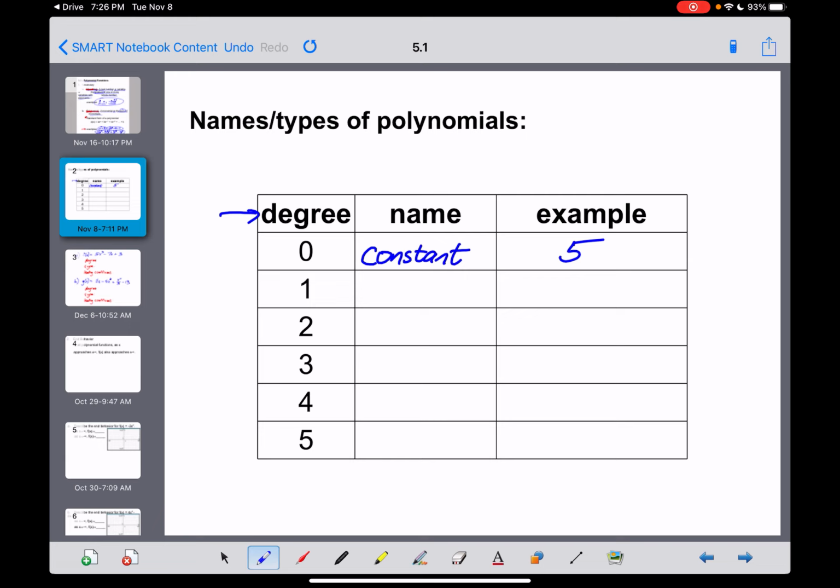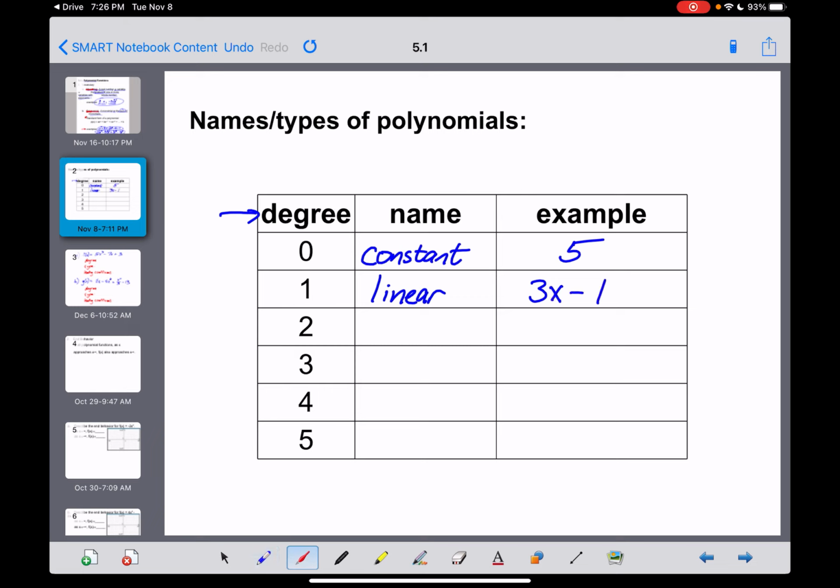A first-degree polynomial is one that's going to have your variable raised to the first power, and that's what we dealt with in the beginning of this year. In fact, that's what you dealt with in almost all of Algebra 1, and then we reviewed that at the beginning of Algebra 2. That is what we call a linear function. So a linear polynomial would be something like 3x minus 1.